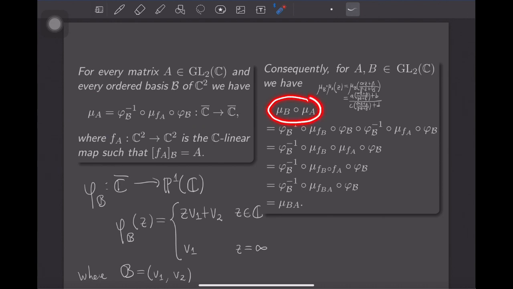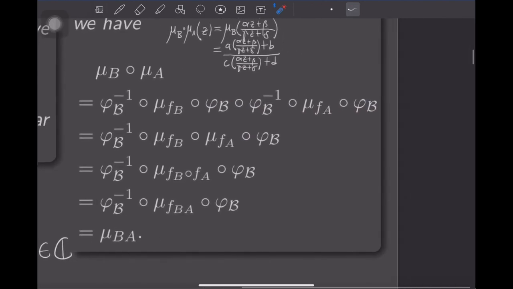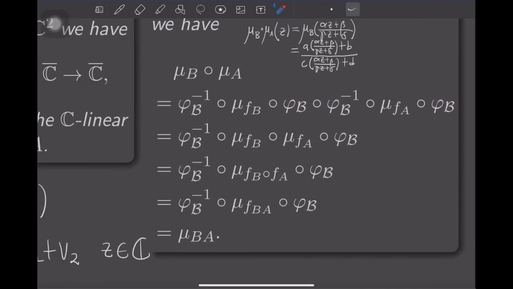So I substitute mu of B with the corresponding one, and mu of A with the corresponding one. This one cancels, so I just rewrite, and then you see what I have here is the Möbius transformations of linear maps.